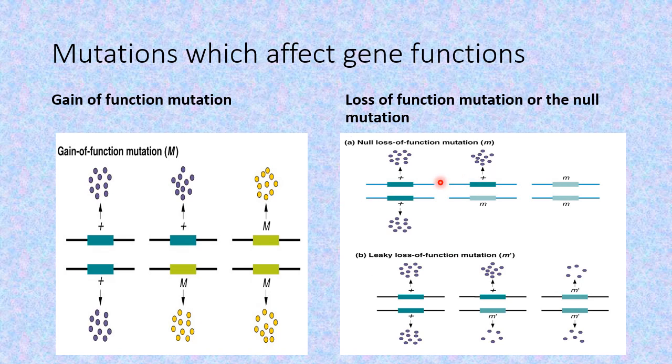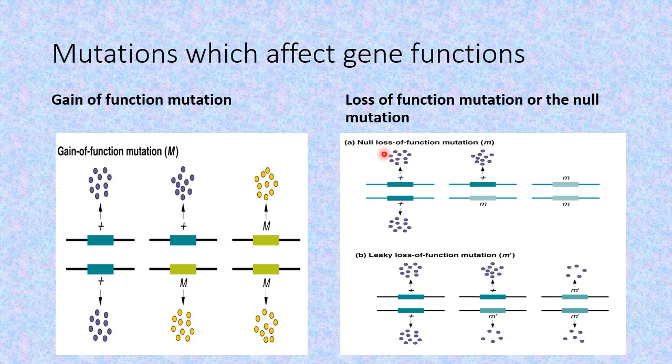And similarly, because of mutation, a particular gene may form non-functional proteins, like in case of your nonsense mutation, where the protein being synthesized is truncated. Its translation is stopped midway. So that leads to the formation of non-functional protein, and there's a loss of function.